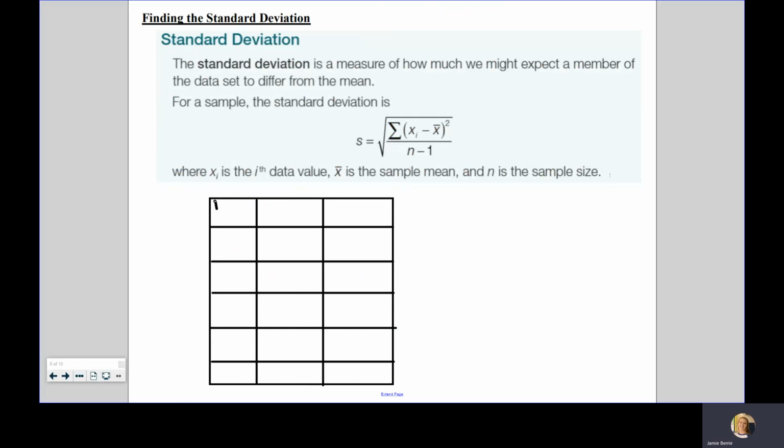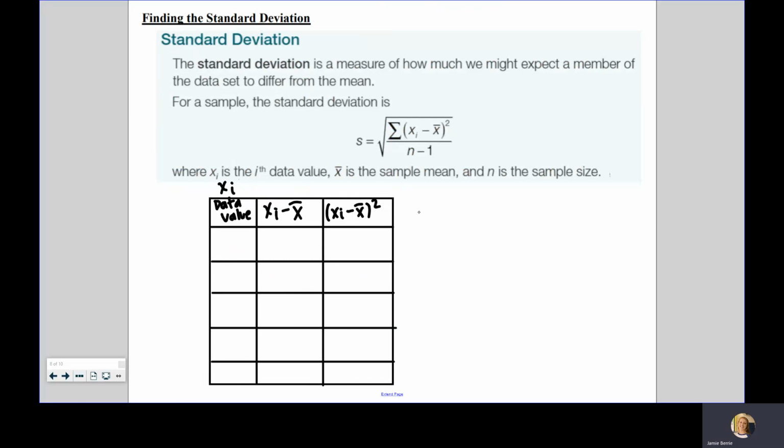The first one is your data value. This is represented by x sub i. And then we're going to do x sub i minus x bar in the second column. And then the last column, we're going to take whatever you get in the second column and then square it.